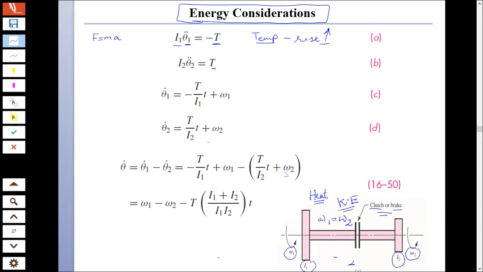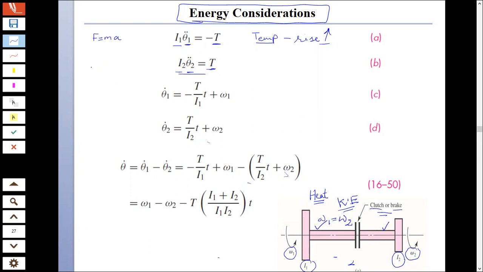So the next one will be T, or you can either take this one negative and this one positive, equal to I2 times theta 2 double dot. These two are the equations of motion for shaft 1 and shaft 2, or mass 1 and mass 2.